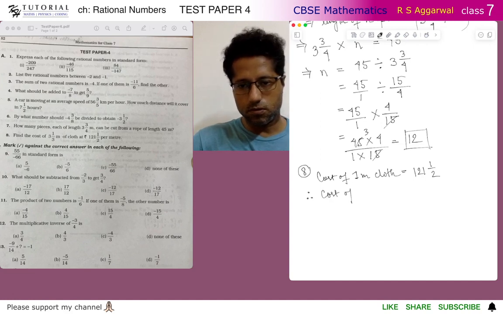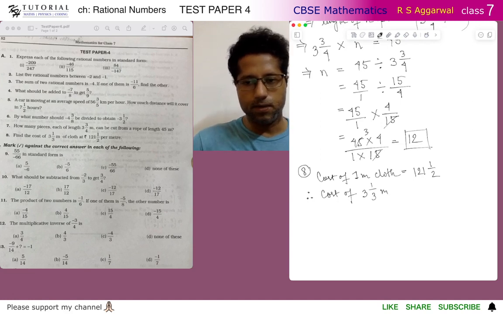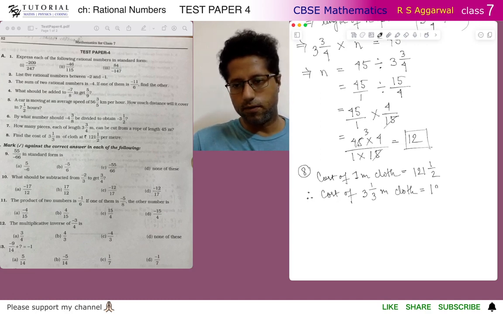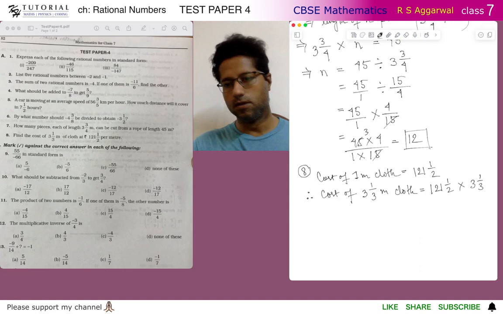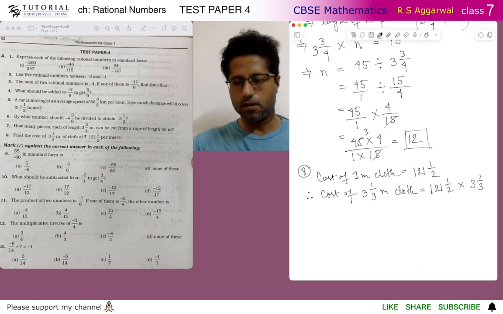Cost of 3 and 1 by 3 meter cloth equals 121 and a half multiplied by 3 and 1 by 3. So we have to find this. So this much in rupees will be the cost.